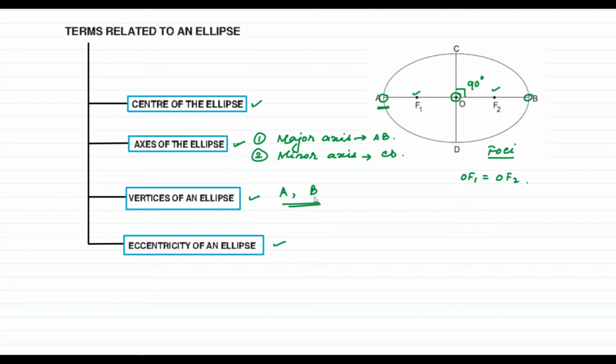Now come to an important term, which is the eccentricity of an ellipse. So here if we consider this is c, the distance between OF2 and OF1, these two points, is c, and the length of the major axis is 2a.